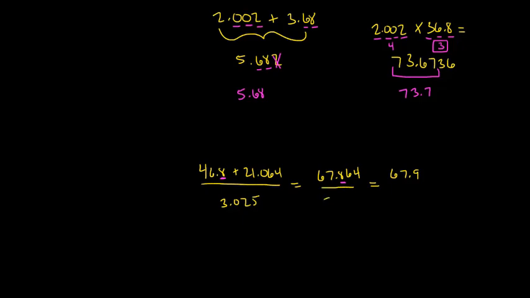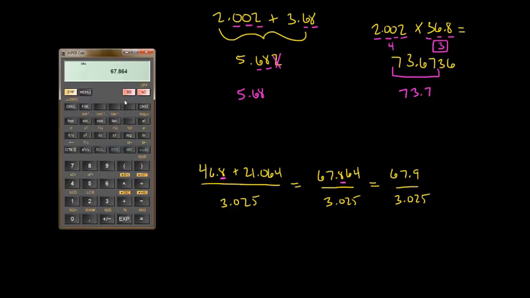And now we want to take this divided by 3.025. You can do it really one of two ways. If you start with the answer you originally had, the 67.864, and you take this divided by 3.025.